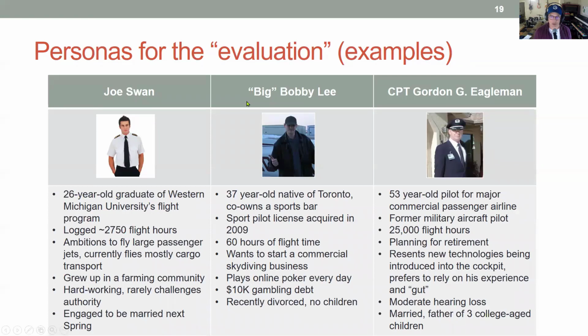So let's talk about Joe Swan here, a new professional pilot, just recently graduated from a top flight school. He's got some experience, not a lot. Then I'm starting to talk about things like, well, he grew up in a farming community, and you think, what does that have to do with how he would want a weather app?